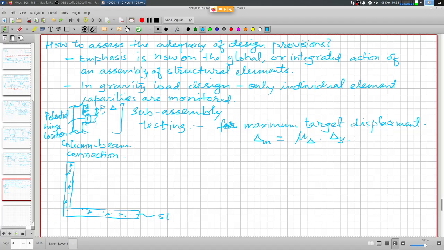This is what we call the strong floor, and this is what we call the reaction wall.